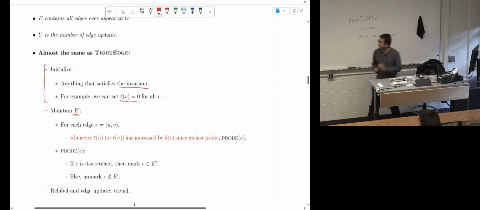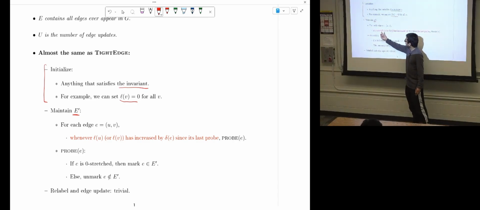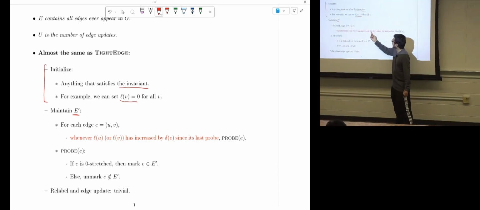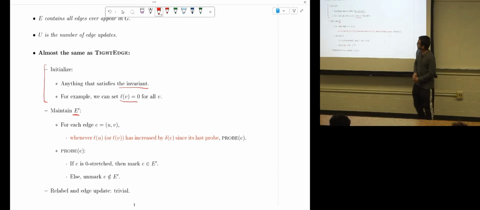I just make it more clear here that when the level has increased by at least delta, then you probe it. Delta here is like the frequency of how you probe the edge. It used to be epsilon times the weight, but now it's just delta.